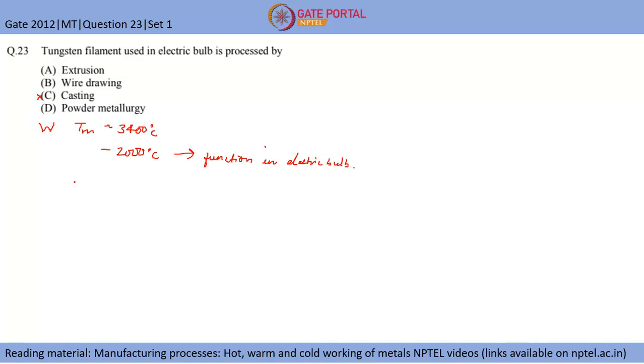The trend is that tungsten is manufactured by powder metallurgy. Small powder of tungsten with a certain particle size is basically sintered.